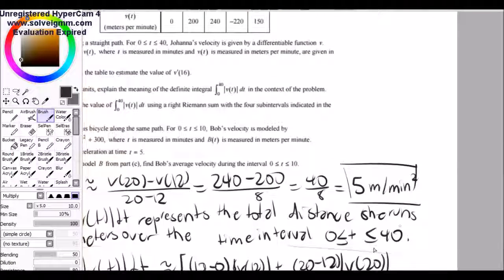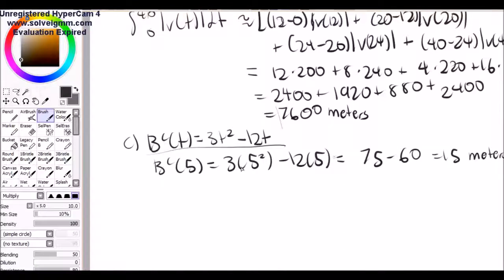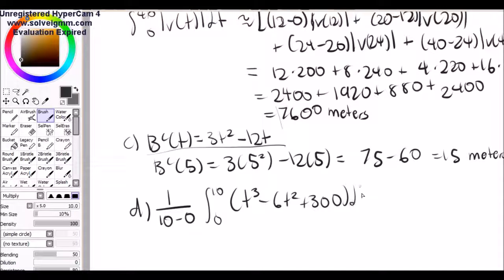The final part is asking for us to use the function given in part C to find Bob's average velocity during the interval t is greater than or equal to 0 but less than or equal to 10. Average velocity is represented by 1 over 10 minus 0 times the integral from 0 to 10 of b(t), which is t cubed minus 6t squared plus 300, dt.